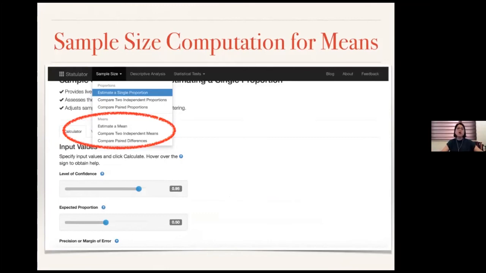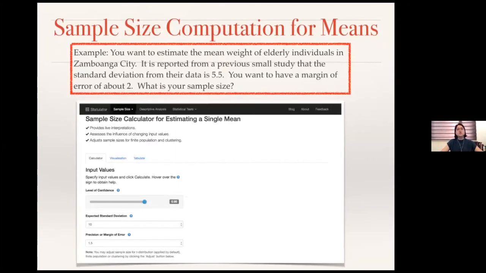You can estimate the mean, you can compare 2 independent means, which is the independent samples t-test, or compare paired differences, which is the dependent t-test. So what is your sample size? If you look at the interface, you will have to dictate the level of confidence, the expected standard deviation, and the margin of error.